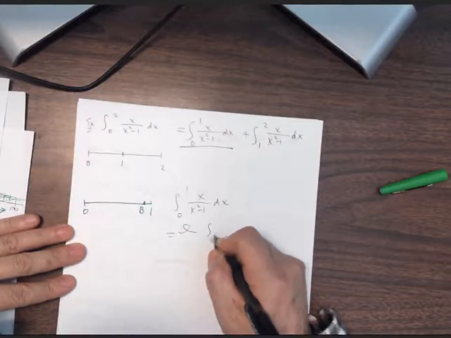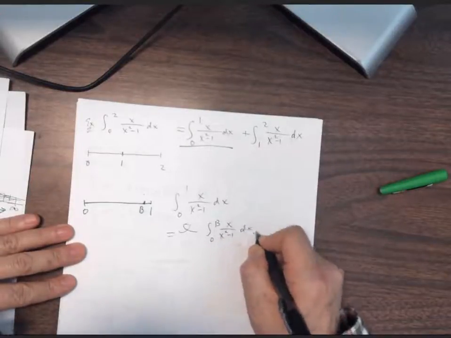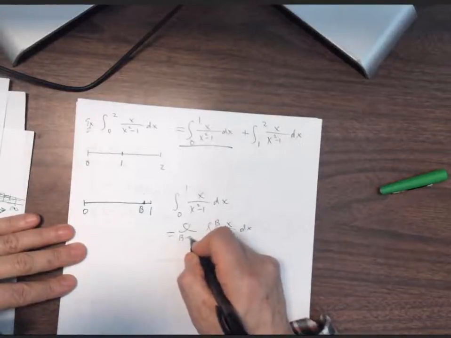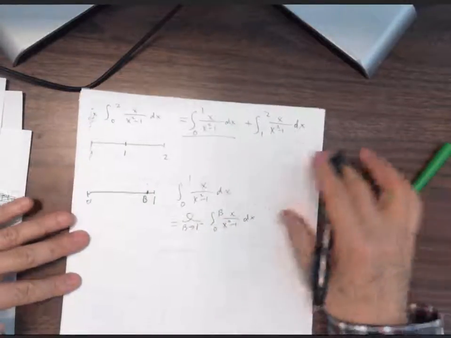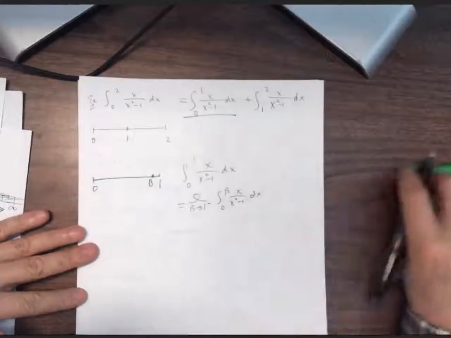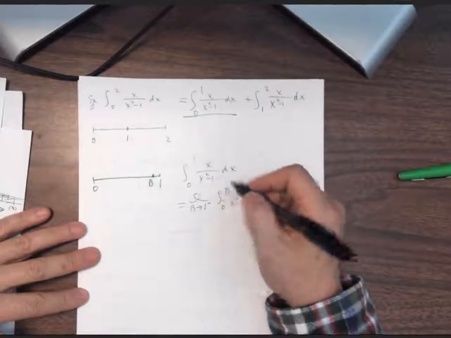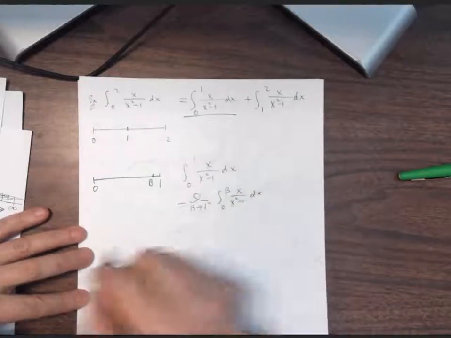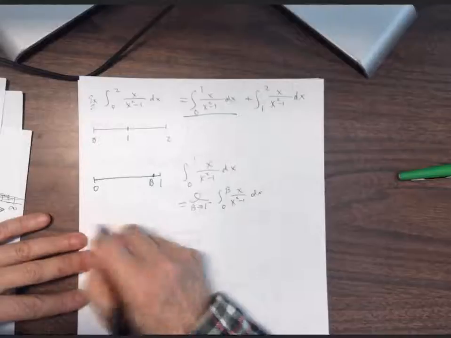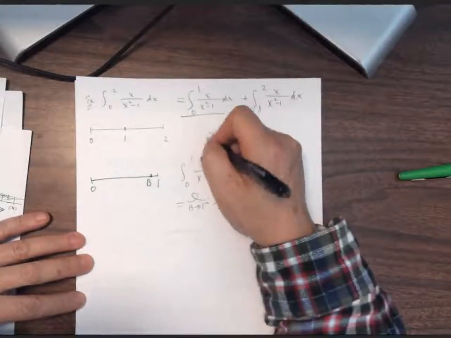We will go from 0 to b first. Send the b to 1 from the left side. Well, just like the previous example, we're going to evaluate the integral first and do the limit just for this guy.